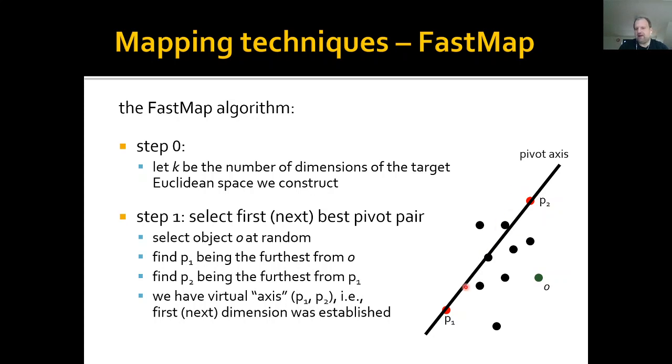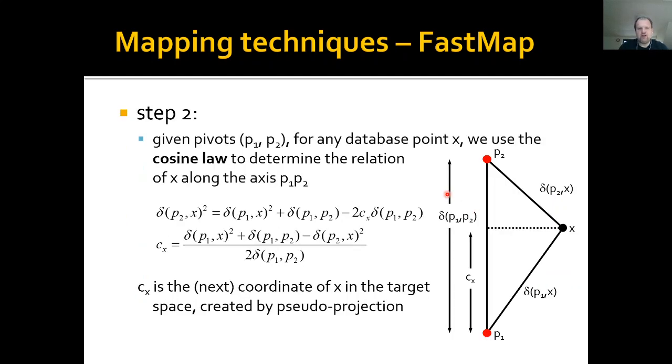So we have something like an axis, some virtual axis, and now in the second step we just project all of the data to the axis and get a coordinate. How can we do that? What we know, we know because we have a distance-based representation. We only know distances between individual objects because these are not vectors; these are metric objects.